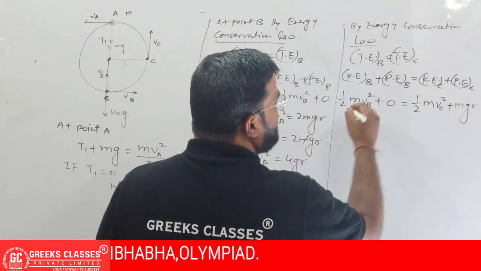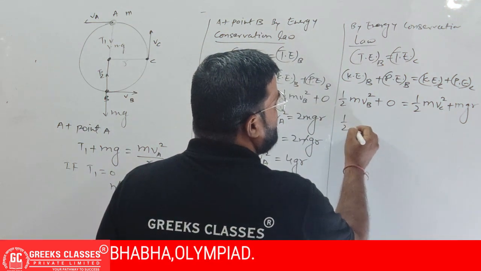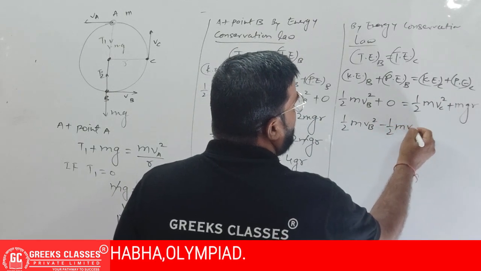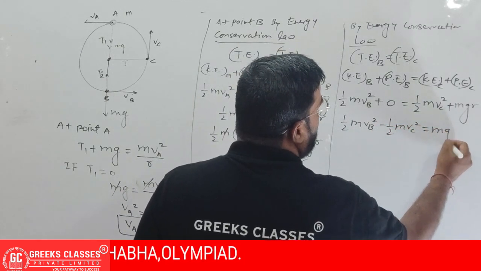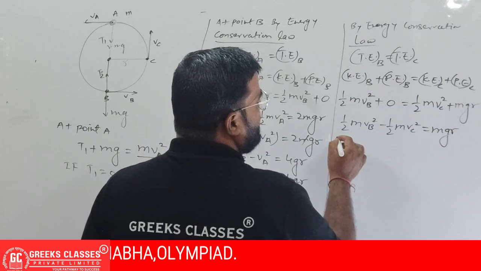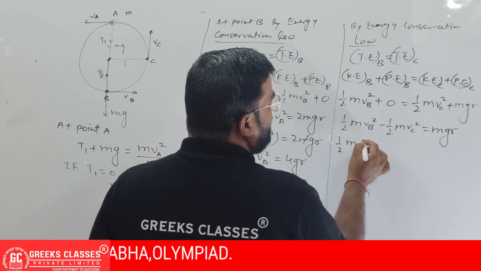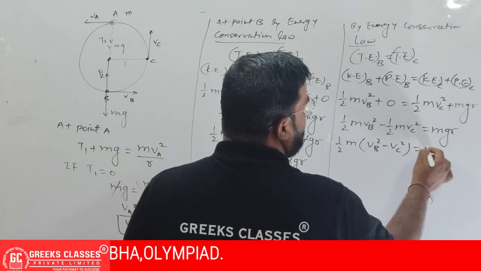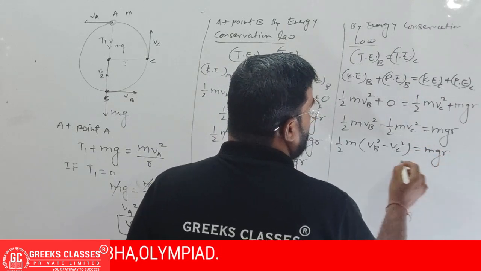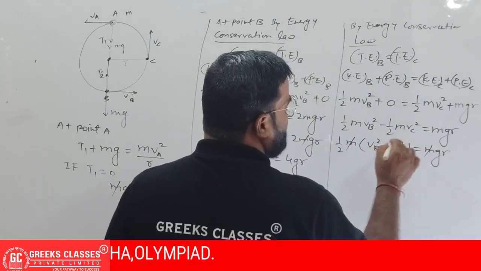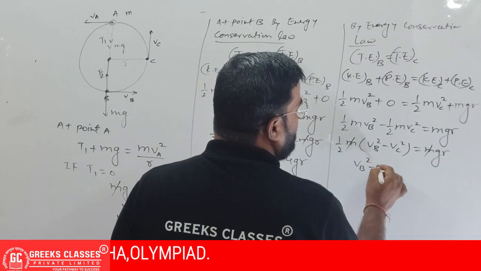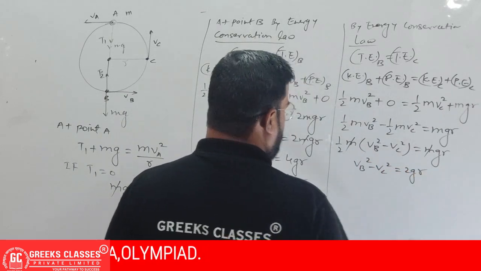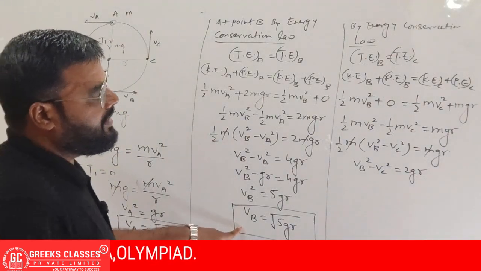Now I can write it, shifting half mVC square to the left side, half mVB square minus half mVC square equal to mgr. Now take half m common, it is VB square minus VC square equal to mgr. Cancel m and m, shift 2 there. So VB square minus VC square equal to 2gr. Now what is VB? Root under 5gr.